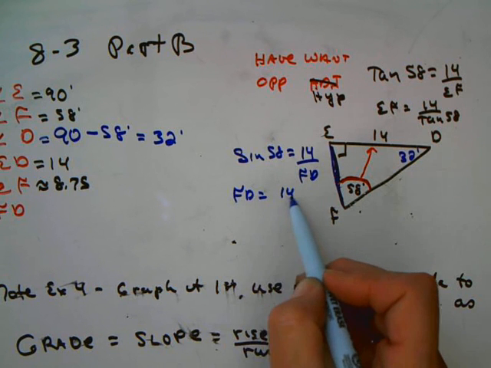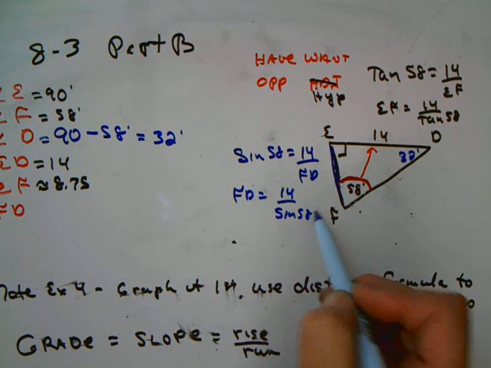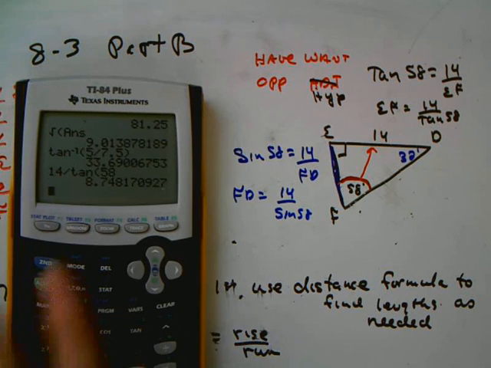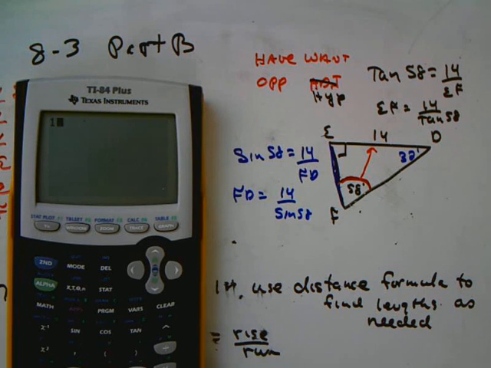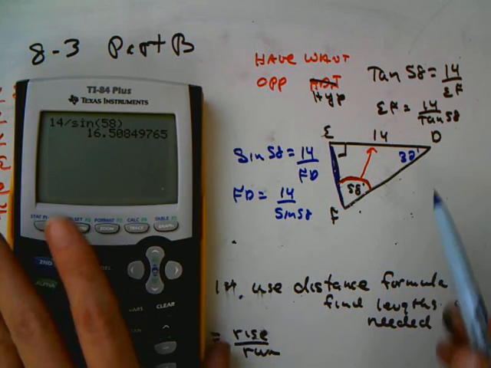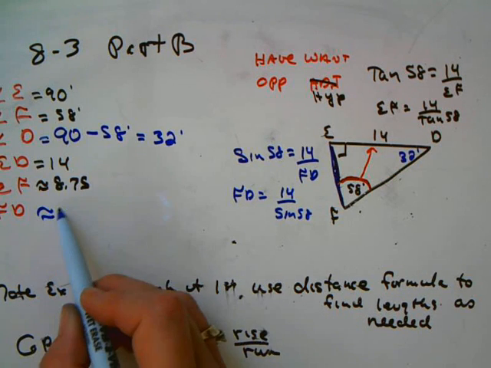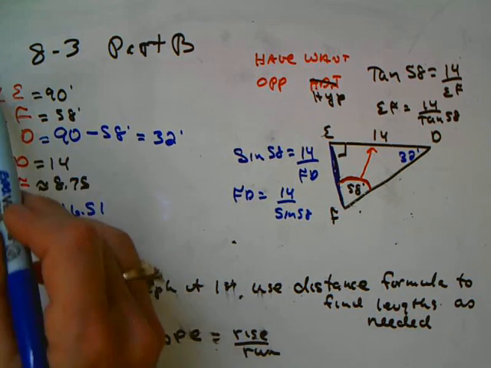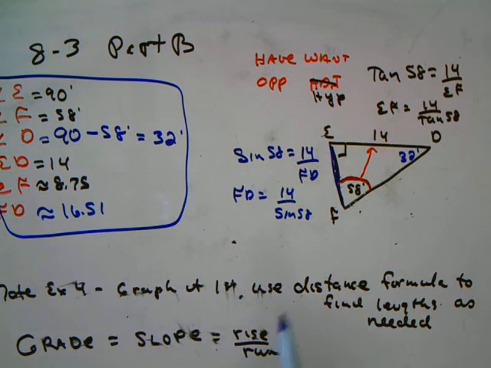I'll swap those two out again. Get out my calculator: 14 divided by the sine of 58 degrees is 16.51. This is an 8, so I'm going to bounce it up. That would be the length of the hypotenuse. And there we have a solved triangle.